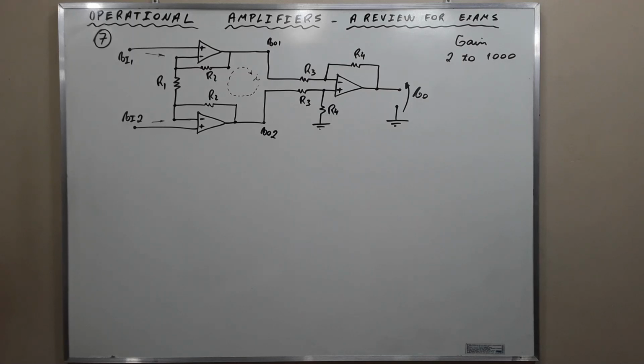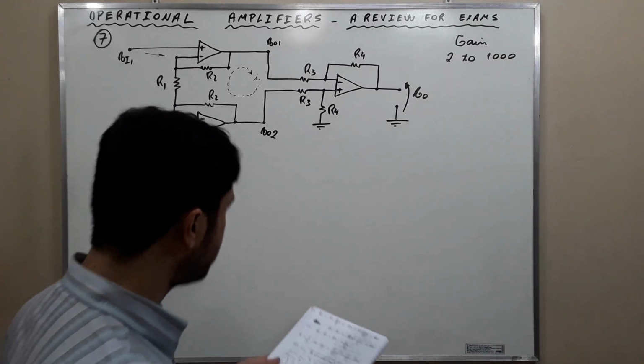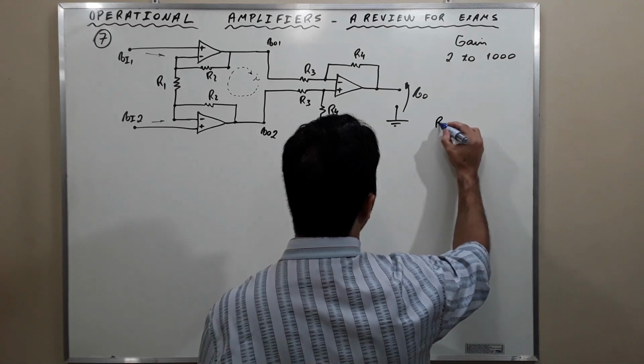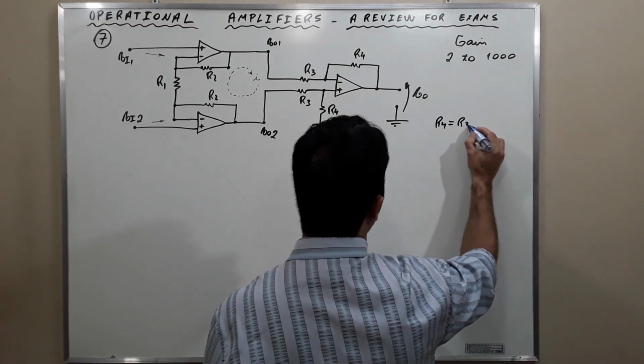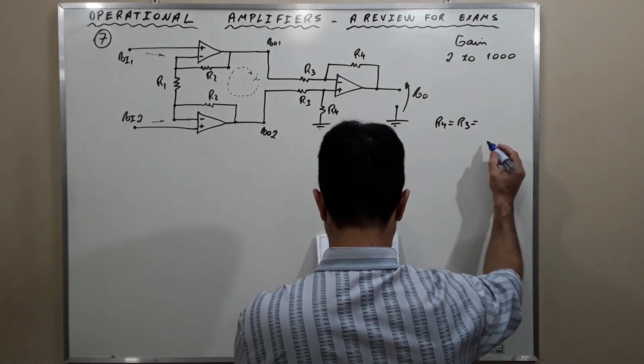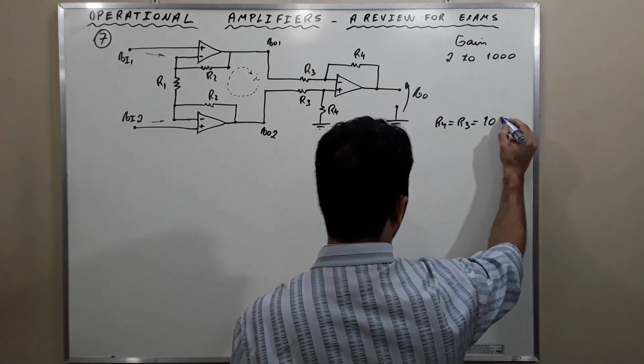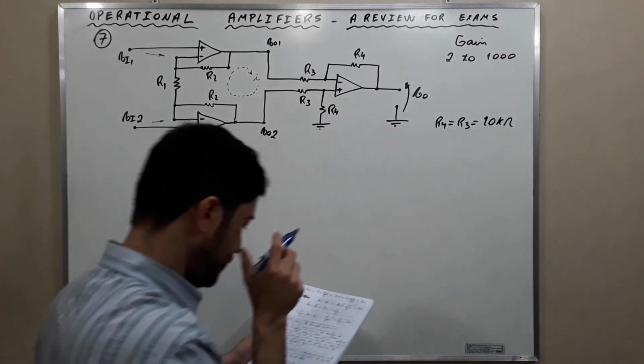That is, the differential gain of the second stage will be only 1. To this aim, we will select all resistors of the second stage to be 10 kilo ohms. R4 will be equal to R3, which will be equal to 10 kilo ohms.